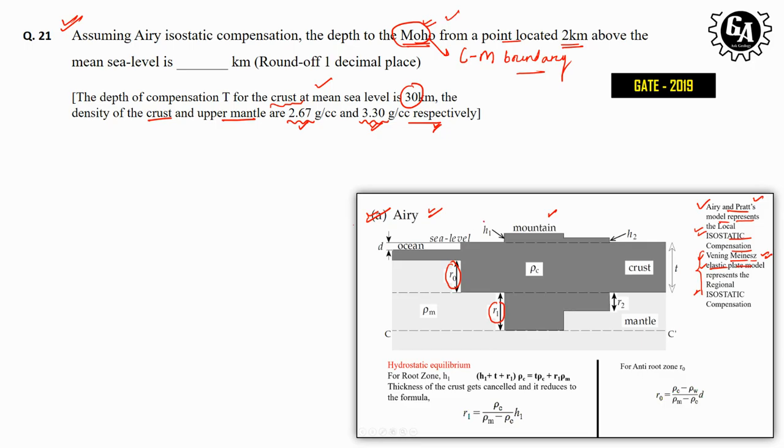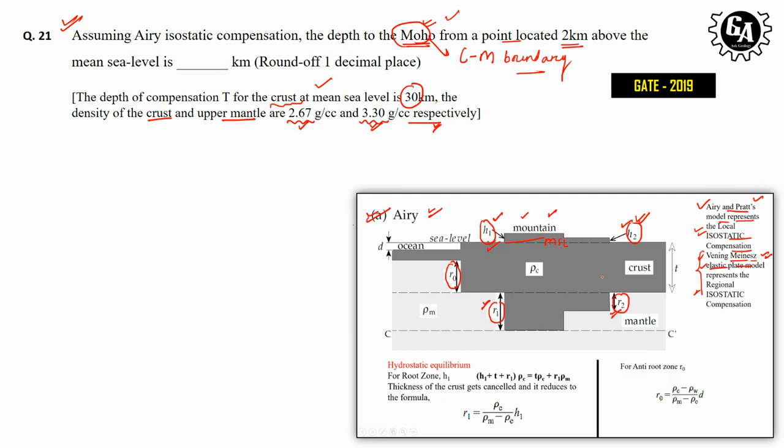Here, this is the MSL, the mean sea level, and above it there is a mountain having height H1. The root zone associated with this H1 will be R1, and for a mountain of height h2 from mean sea level, the associated root zone will be r2.